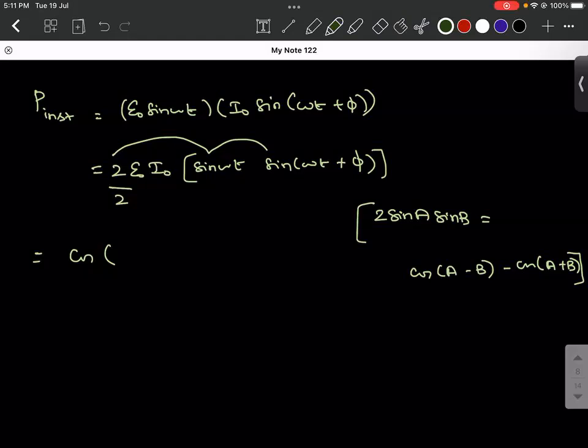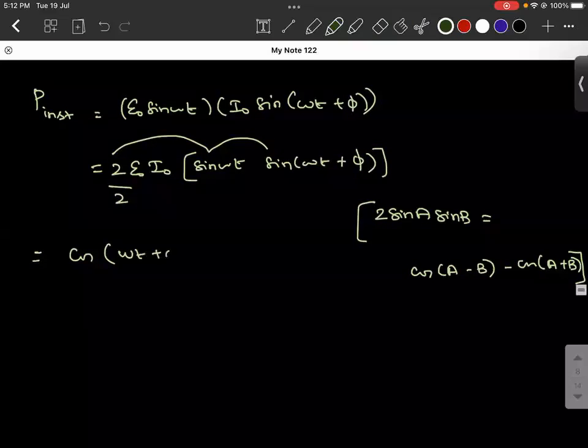I did not write it as sin of A plus B by 2 form, which would be a single angle form, but in the compound angle form. Cos of A minus B is cos A cos B plus sin A sin B, and cos of A plus B is cos A cos B minus sin A sin B, so cos A cos B gets cancelled. That is why I wrote it like this.